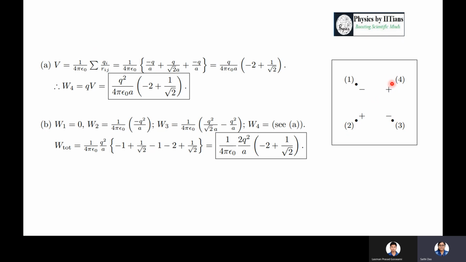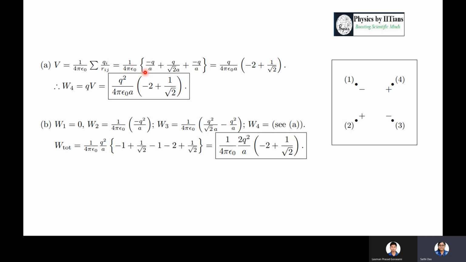So the charge will be plus q, 1 by 4 pi epsilon naught being common, so q by r will become q by root 2a. And for the third charge, at the fourth corner the potential is minus q divided by a, with 1 by 4 pi epsilon naught outside.